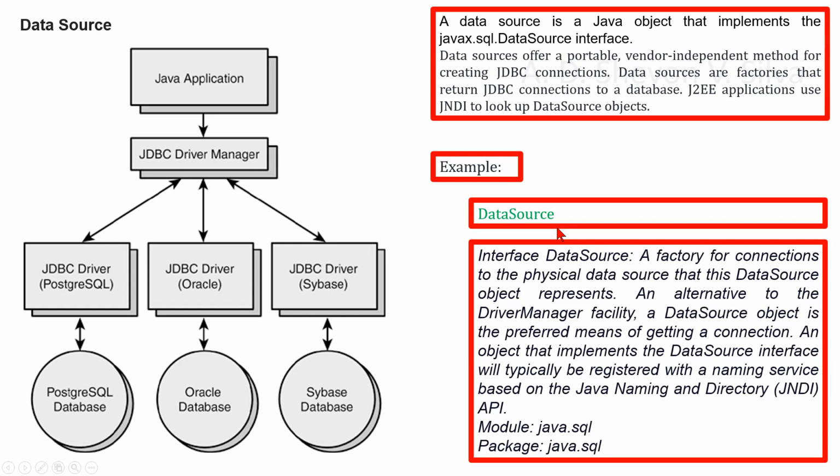This is in the module java.sql and in the package javax.sql. The DataSource interface is implemented by the driver vendor. There are three types of implementation. One, basic implementation, produces a standard Connection object.